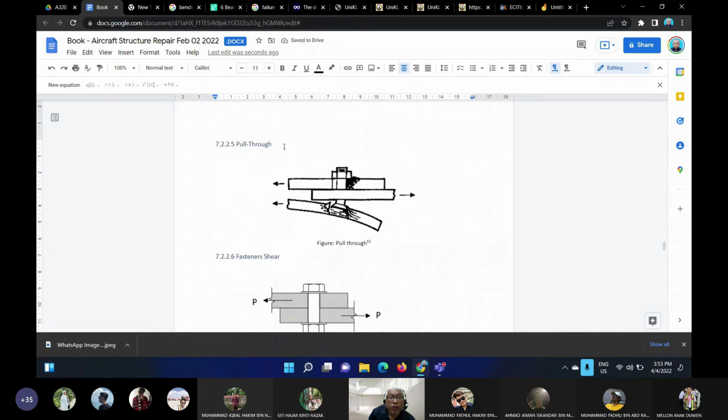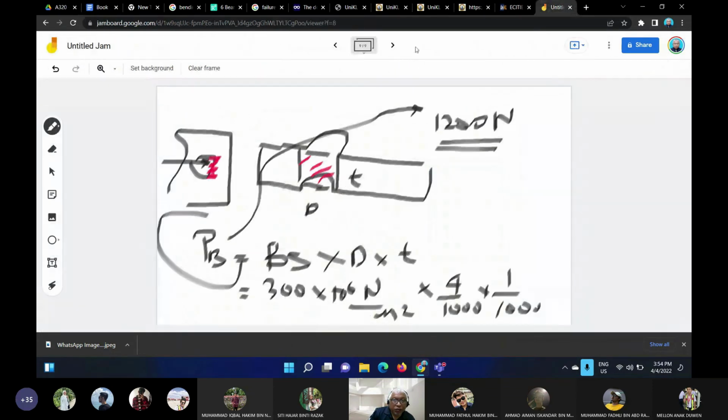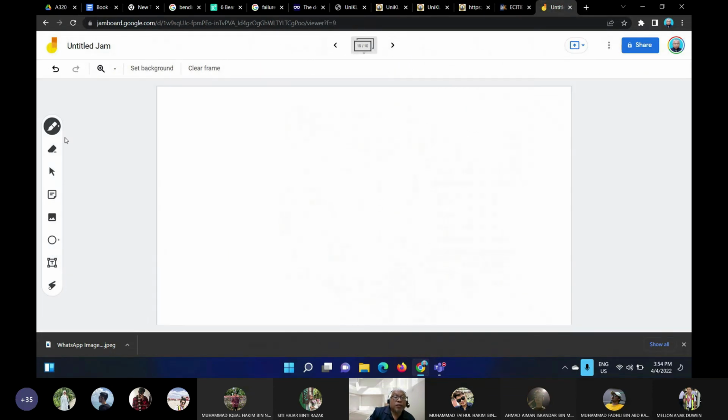So another one is pull through failure. Pull through failure is when the rivets or fasteners used to handle shear load. So we have a plate, we install another plate, and then we join the plate by rivets.